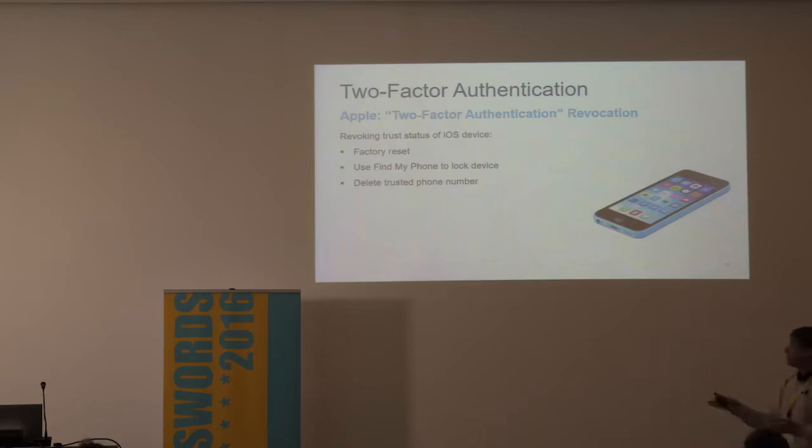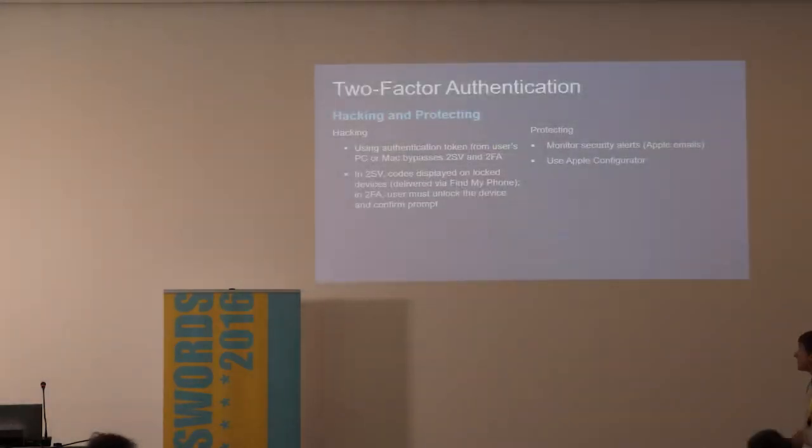You can remove the device from iCloud. You can block iCloud services from the device itself, in which case it will no longer receive these notifications because they are delivered through the iCloud protocol as opposed to the Find My Phone protocol. You can remove a trusted phone number, after all.